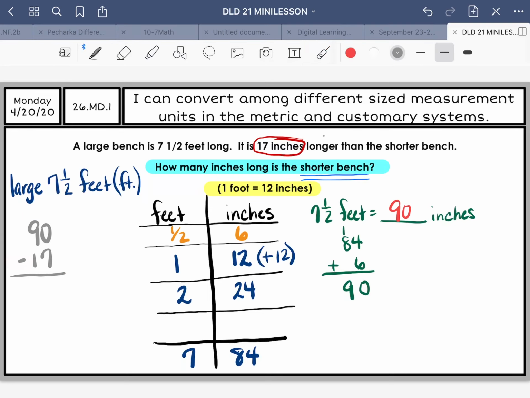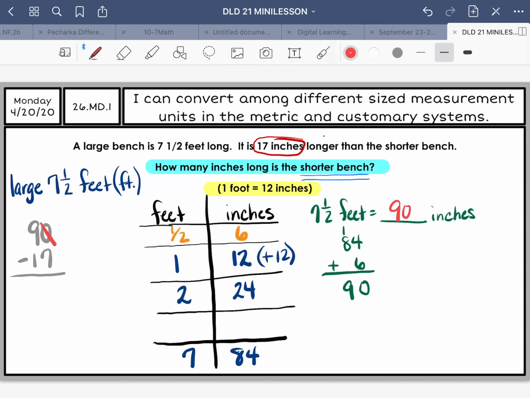Now remember, when we solve math problems, we have to use a lot of our prior knowledge that we've learned in 4th grade. And now I have to subtract. I know that when I have this kind of number, in the ones place, a 0, I can't take away 7 from 0 because there's nothing there. So I'm going to have to regroup.